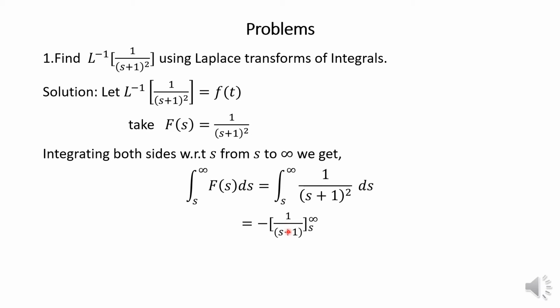So when we apply the upper limit, the value is equal to 0, and minus lower limit, you put s is equal to s, so we get 0 minus (minus 1 by s plus 1). Because of this minus, the answer turns out to be 1 by s plus 1.